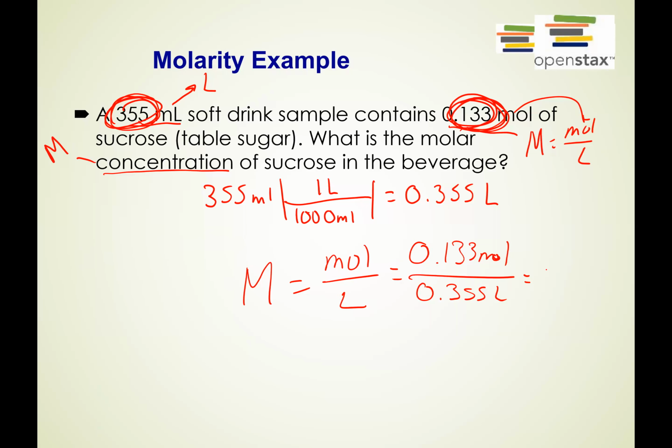And it is 0.375 moles over liters. Do you see how this has 2 units? We don't leave it as moles over liters. We write it as 0.375 big M.